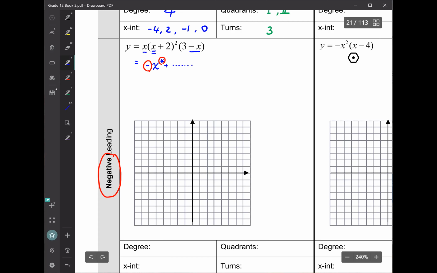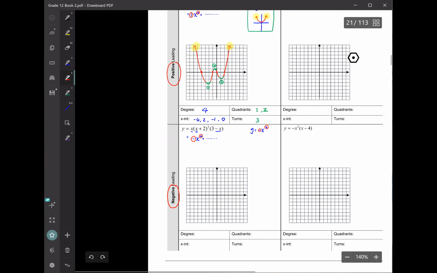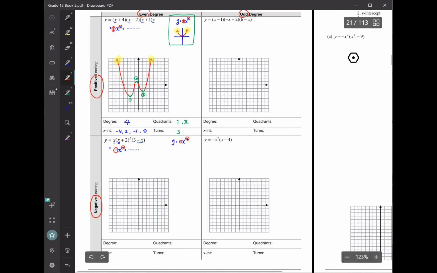So the graph that we can use to help us get the quadrant is the parabola as well, but with the negative at the front. This one has an even exponent and a negative leading, so instead of opening up, it will be opening down.